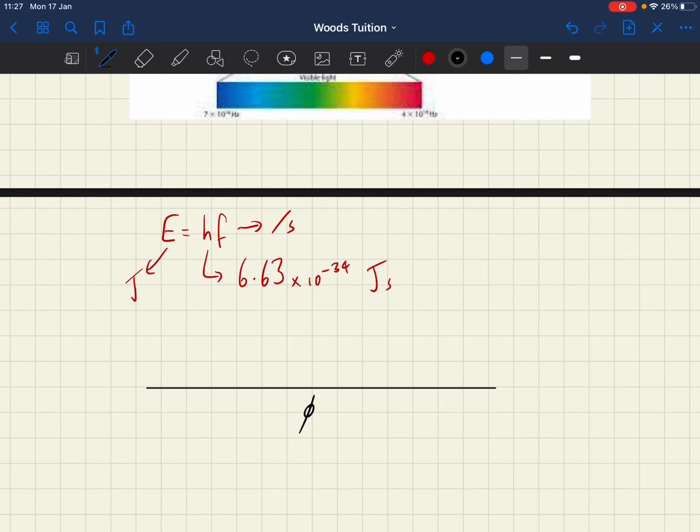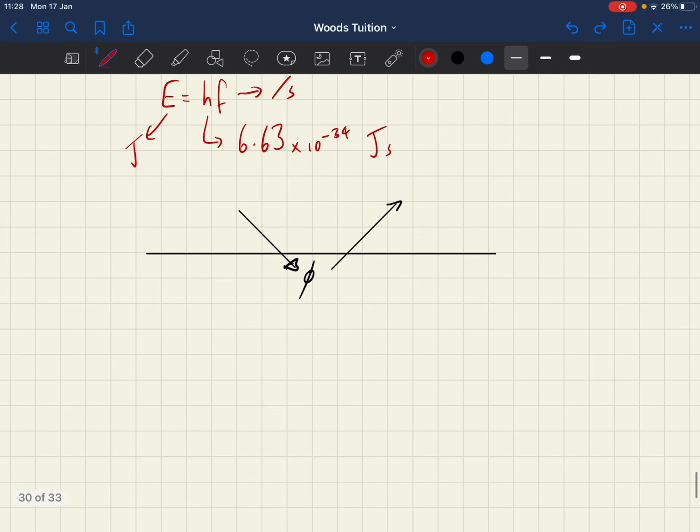Whenever the energy coming in is above the work function of the metal, then the photoelectric effect can be observed and the electrons can be liberated from the metal. So the way we formalise this is we say the energy minus the work function is going to be equal to the kinetic energy of the ejected electrons.